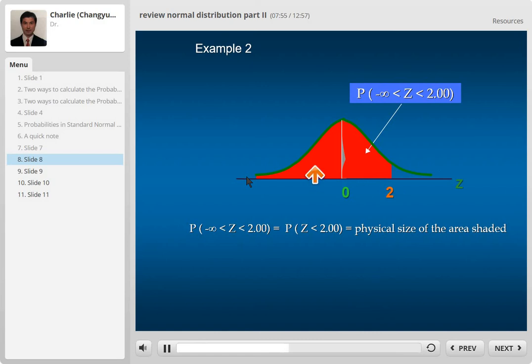So we would like to know the probability, which is also the physical size of the highlighted area here. Mathematically, probability of z bigger than negative infinity, smaller than 2, equals probability of z smaller than 2. We can skip the bigger than infinity part for convenience, which we can simply write this way. There is nothing special here. So this is what we need to know.